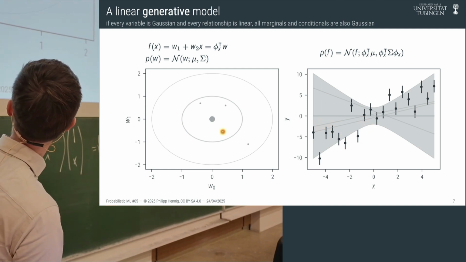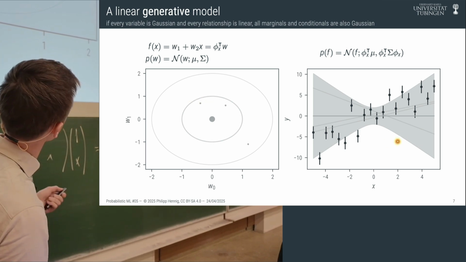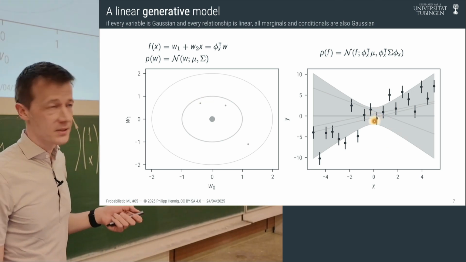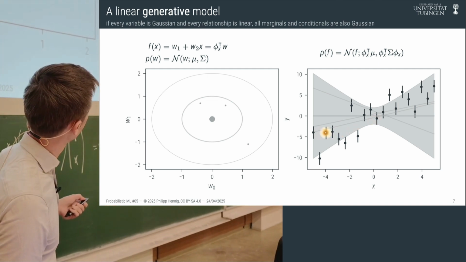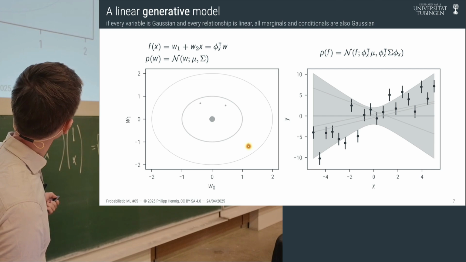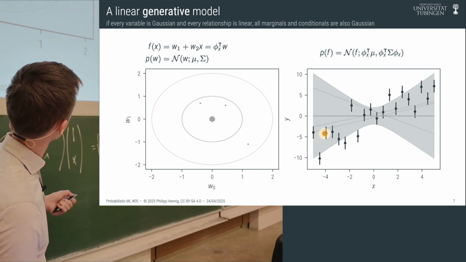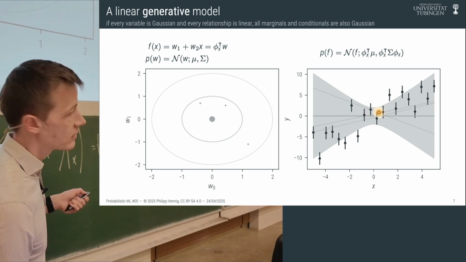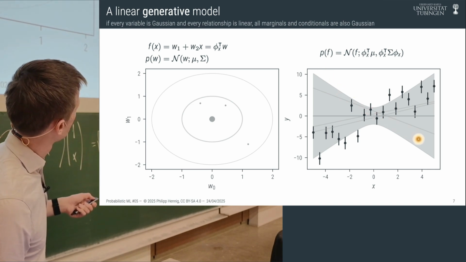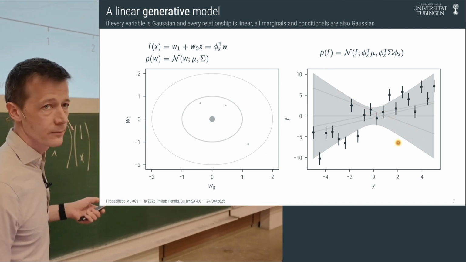Because W0 here is negative, so we have to be below 0 at 0. And W1 is positive, so we have to have something that has a positive slope. That's this function. And here is the other extreme, something that has a positive W0, so it passes above 0 at 0, and it has a negative slope. That's this one. Those are the exact same things.